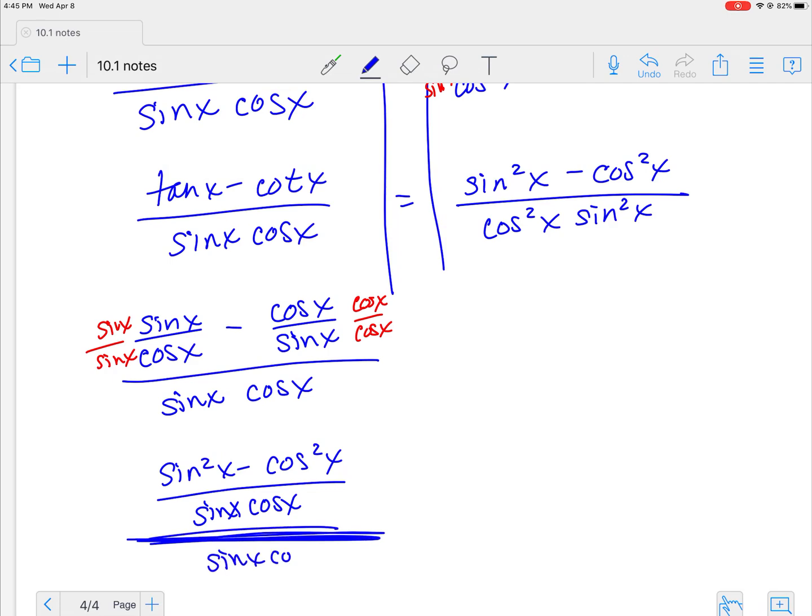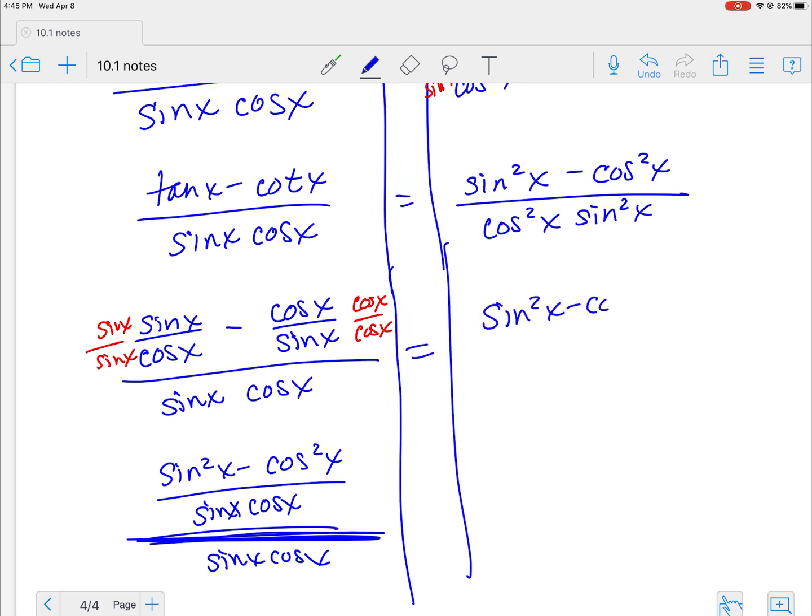So it's starting to emerge. Do you see that? So I now have sine squared minus cosine squared over sine x cosine x. The whole thing is divided by sine x cosine x. This equals what I have.